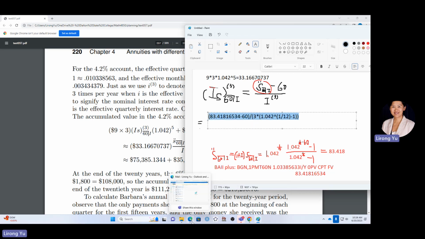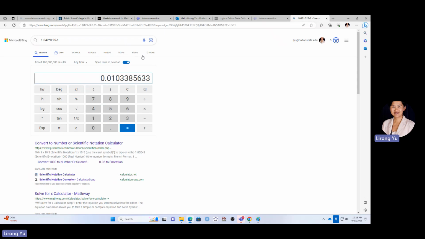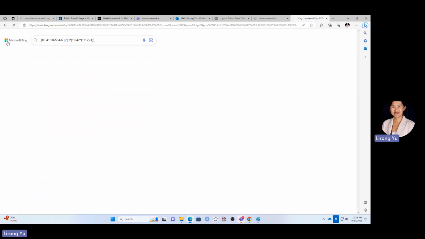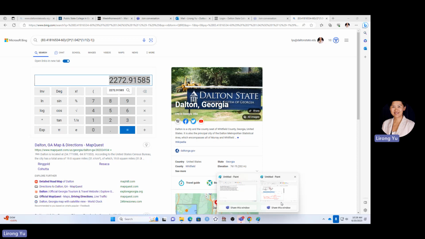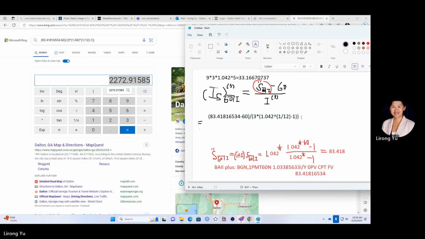For this, let's hope we get the same answer as in the book. I'm trying to review and see if we got the same thing. So this calculation gives us a future value of this number. All right, so that's the i part. And then for this part, you also have to multiply by 9 times 3 times 1.45 to the power 5.